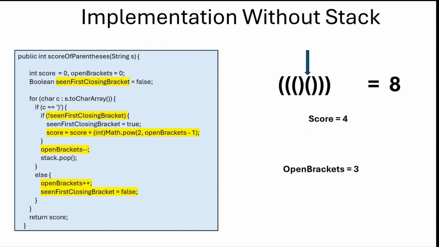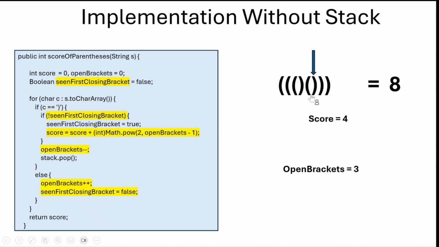Now open bracket becomes 3, and we make seen first closing bracket false because this new open bracket represents that a new closing bracket will come. Now we go to the closing bracket. This is the first closing bracket which represents the empty parenthesis, based on the flag which we are maintaining.